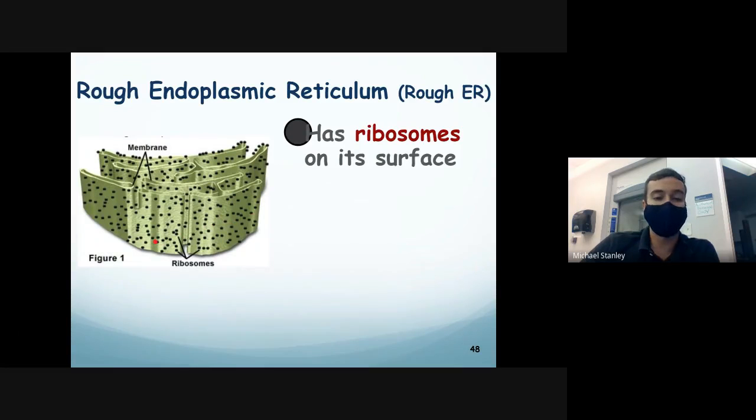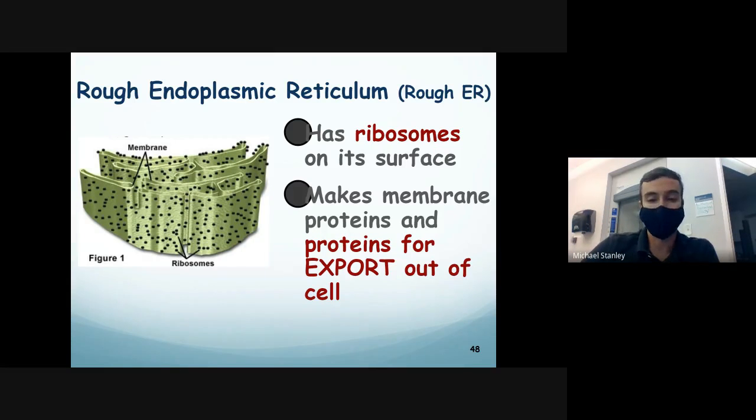It's called the rough ER because all these little bumps on the surface of it are ribosomes. Ribosomes are the tiny little protein factories in the cell. So a lot of the proteins in your cell are made by these ribosomes that are on the rough ER.